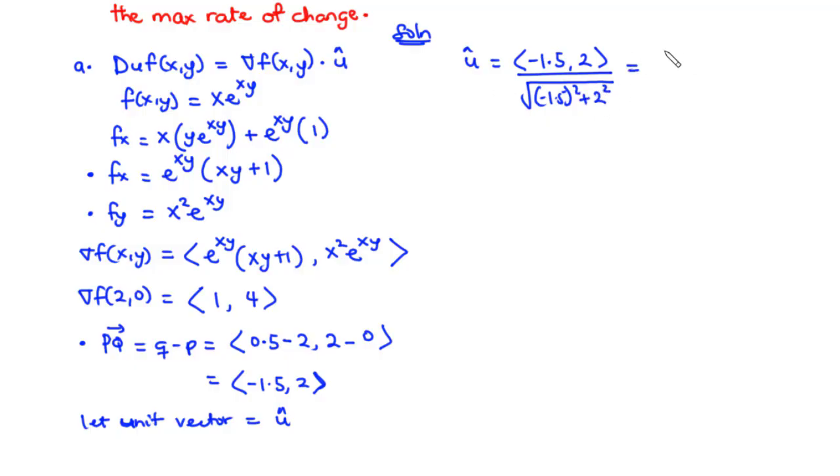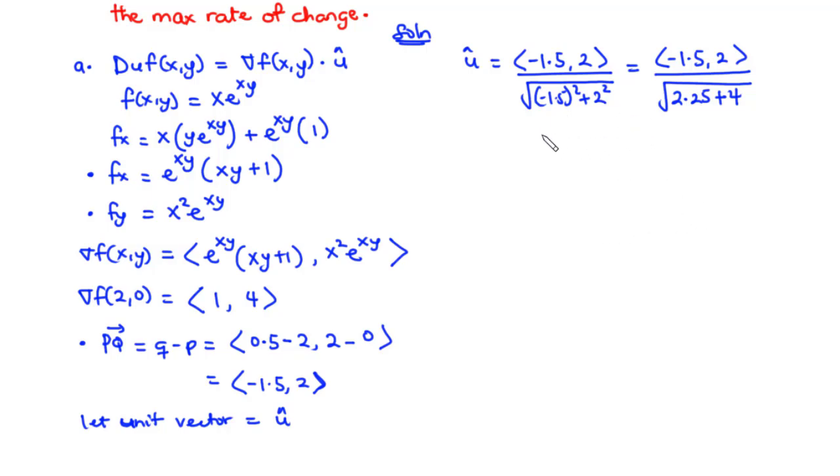So this becomes negative 1.5, all divided by the square root of 2.25 plus 4. Negative 1.5 squared becomes 2.25.